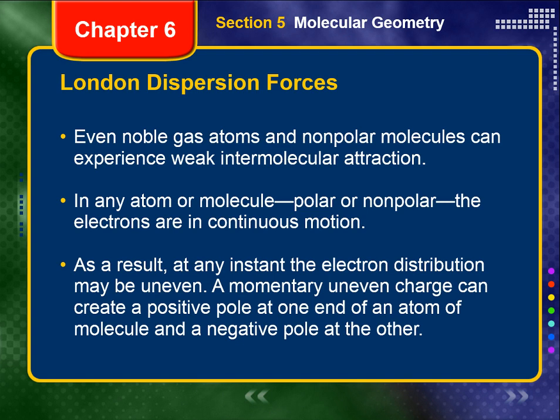London dispersion forces. Even noble gas atoms and molecules that are nonpolar experience a weak intermolecular attraction. In any atom or molecule, polar or nonpolar, the electrons are in continuous motion. As a result, at any instant, the electron distribution may be slightly uneven. That momentary uneven charge creates a positive pole in one part of the atom or molecule and a negative pole in another.